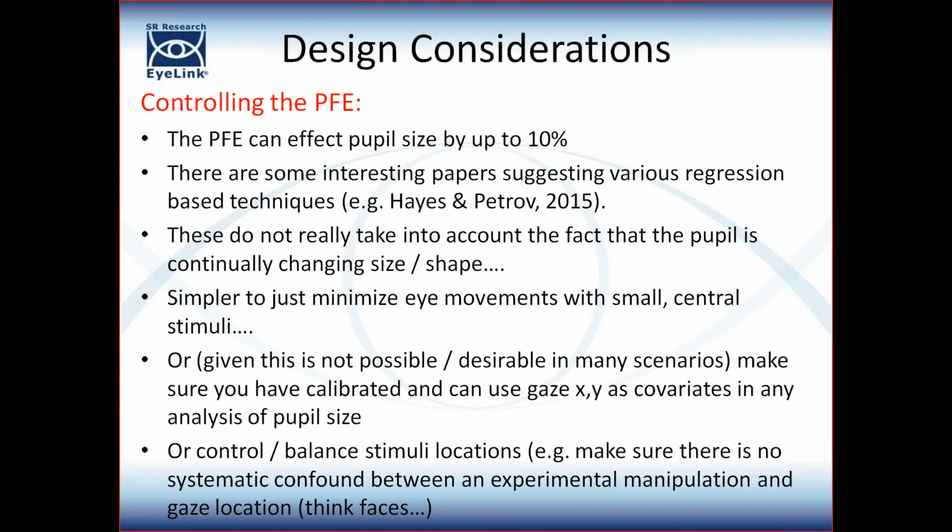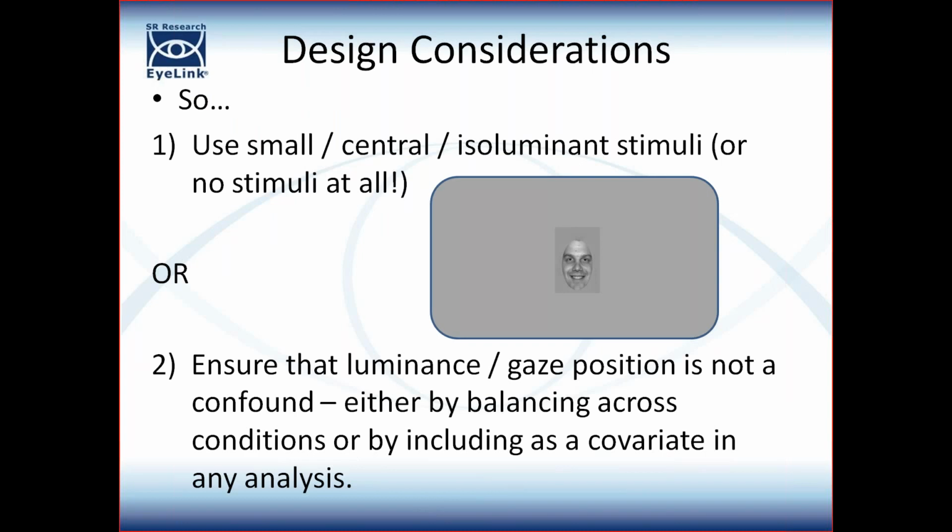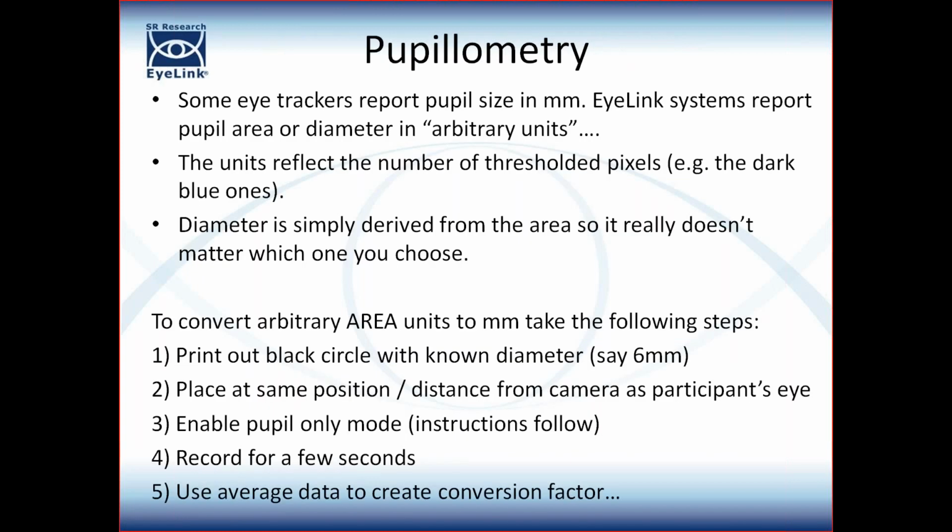Or if you've got some visual search task, the target appears equally often and the distractors appear equally often in each of the potential target locations. So, as I say, this is an example of the kinds of things I've done, and you'll see when we come onto the data. But balancing across conditions and including as a covariate, these are the ways to go.